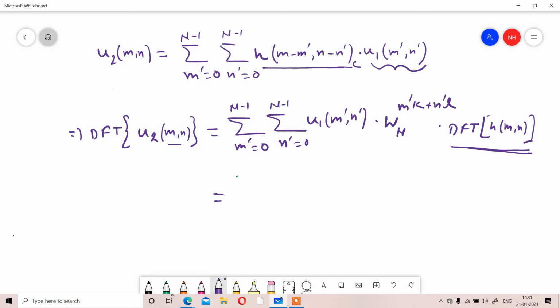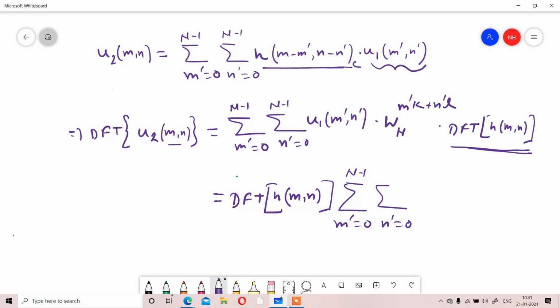So I am writing DFT of h m n outside of the summation, and then the summation part, m dash equal to 0 to n minus 1, n dash equal to 0 to n minus 1, u1 m dash n dash W_N of m dash k plus n dash l.